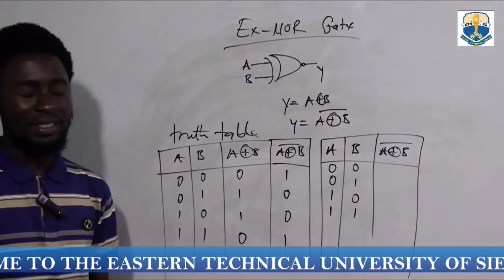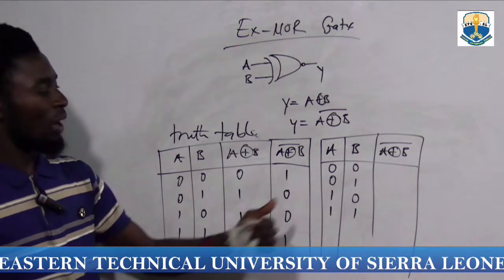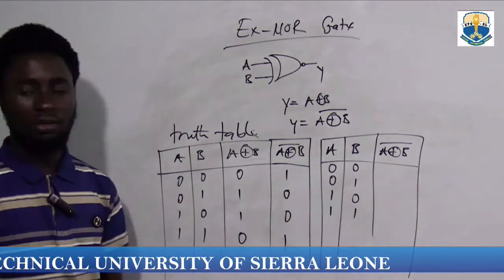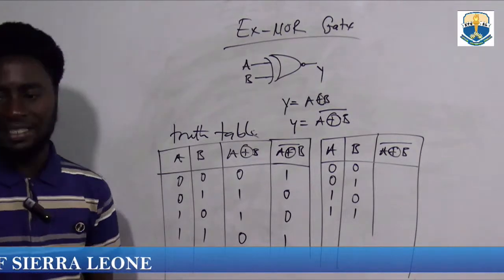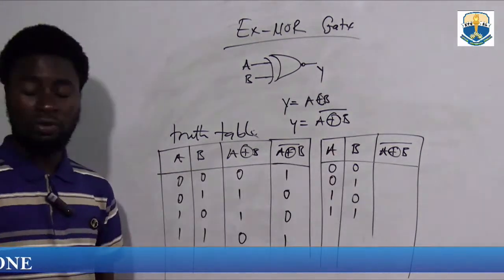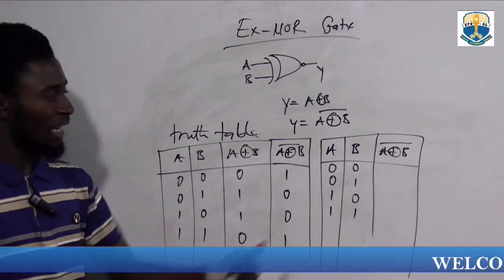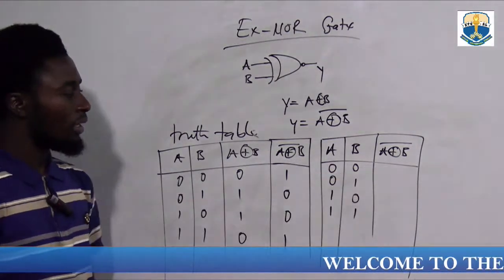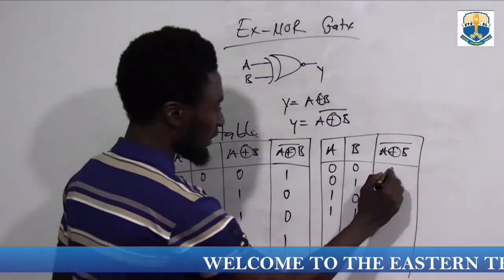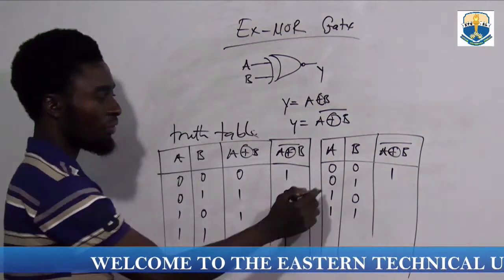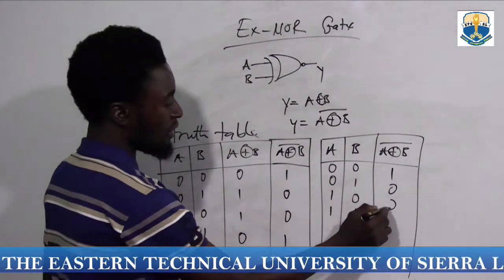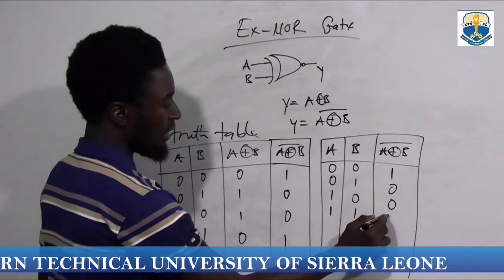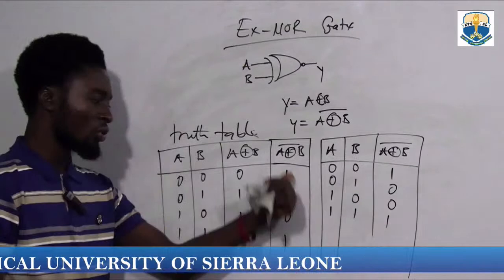So when the inputs are the same here, the output will be in a very high state for the exclusive NOR. Like 0, 0, it is 1. And we have 0, 1 is 0, 1, 0 is 0, and 1, 1 is 1. Which is just the same as this.